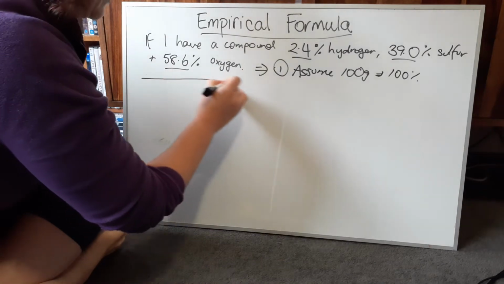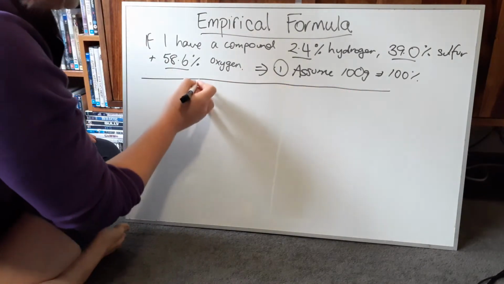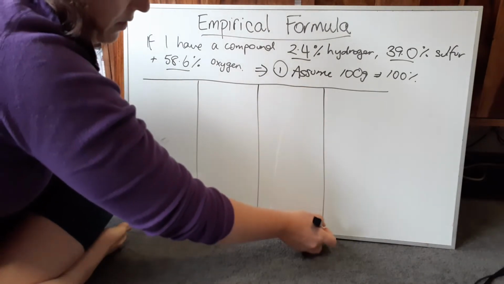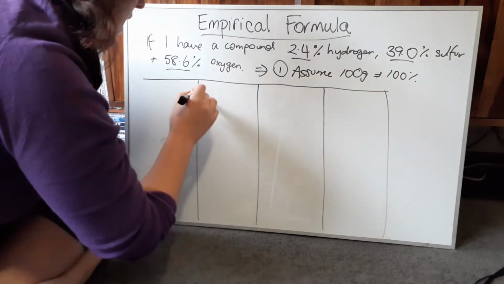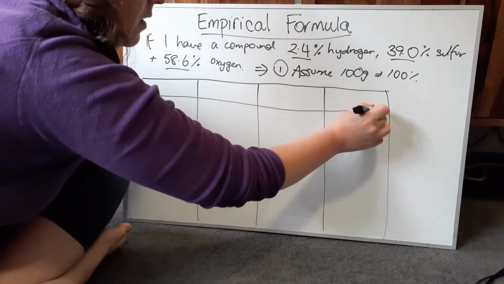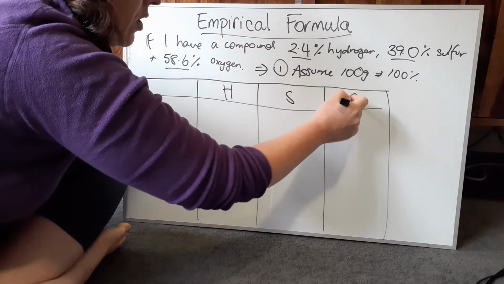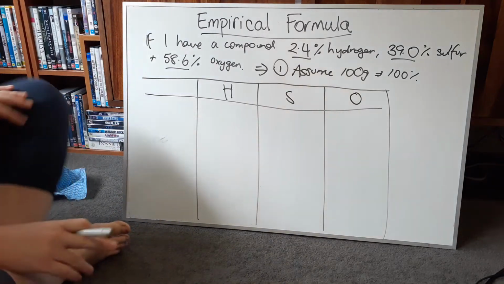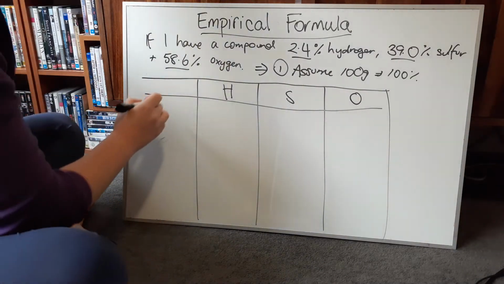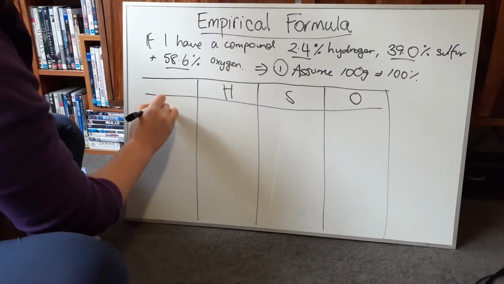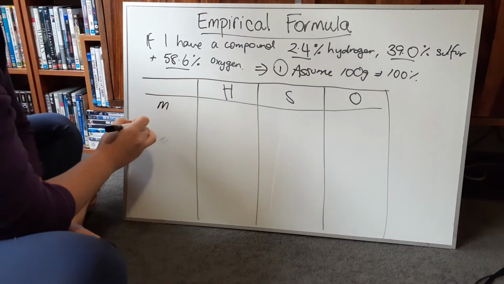What I'm going to do now is make myself a table. I'm going to have the elements in question up the top and down the side, just to make things interesting, I'm going to have the mass.